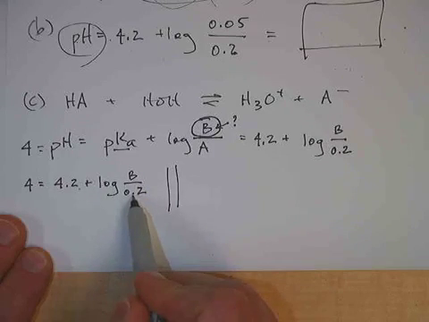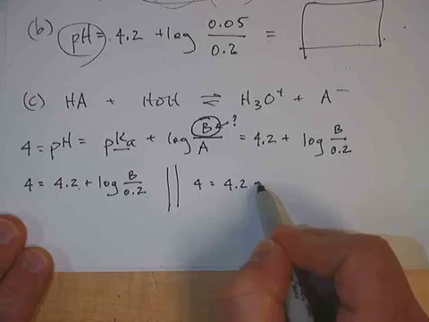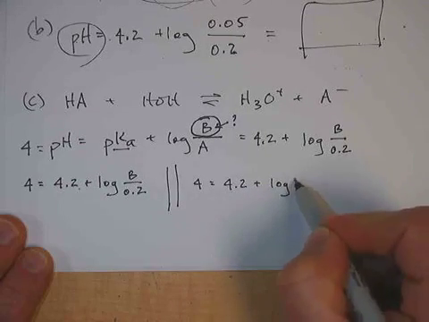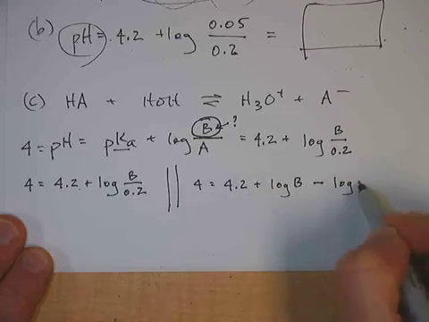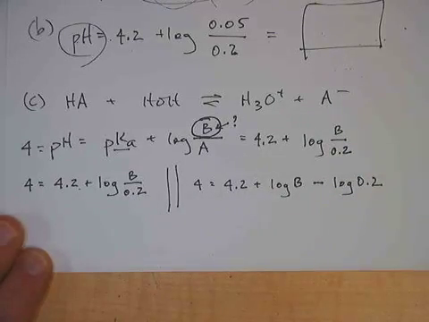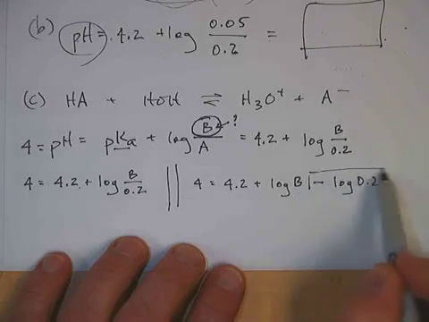But let's plug in the numbers, because we know the pH, it says in the question, would be equal to 4. And so we end up with a math equation that is 4 is equal to 4.2 plus the log of B over 0.2.